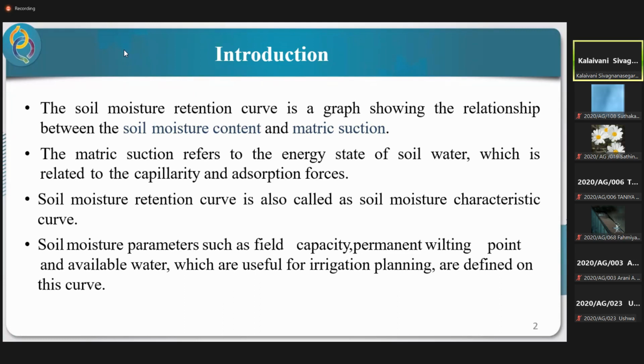In the volumetric composition of soil, you all studied, no? 25%. Yeah, 25%. Soil also 25%. Okay, so that means that range will change. If the soil is saturated, what is the percentage of soil water?